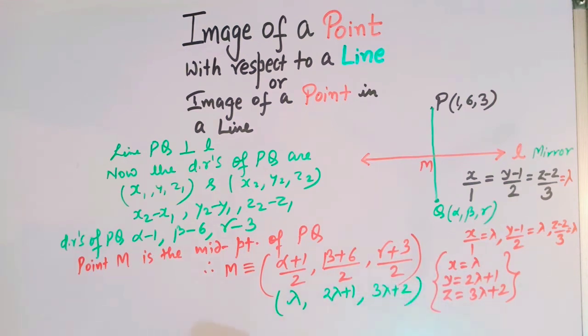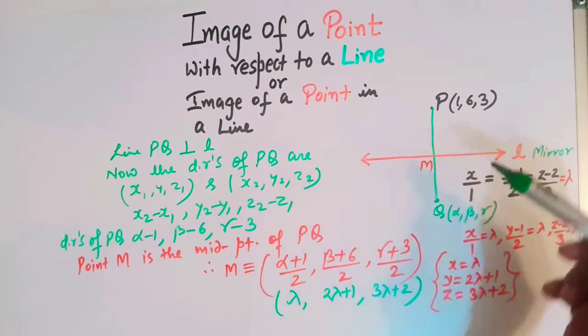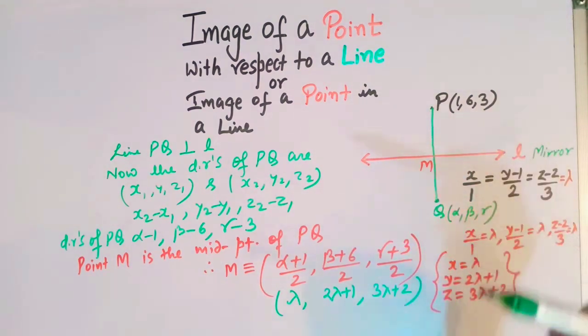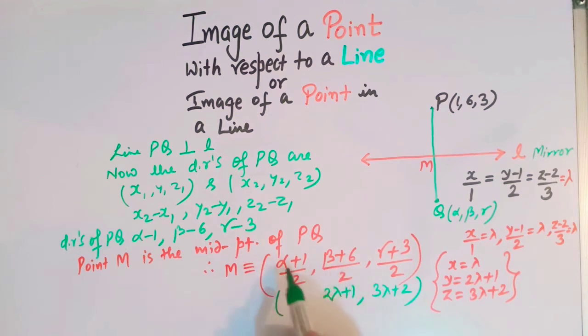Now the general coordinates on this line L are given by lambda, 2 lambda plus 1 and 3 lambda plus 2, right? And from the midpoint formula we have also calculated the coordinates of the point M as alpha plus 1 by 2, beta plus 6 by 2 and gamma plus 3 by 2. So we will equate, because this general point may be M, right?